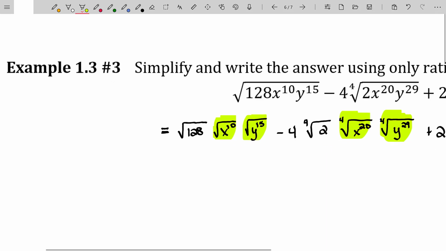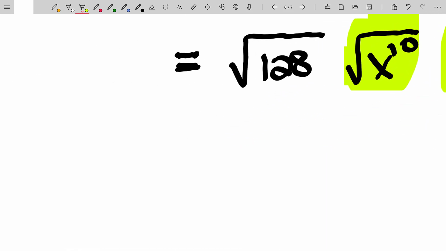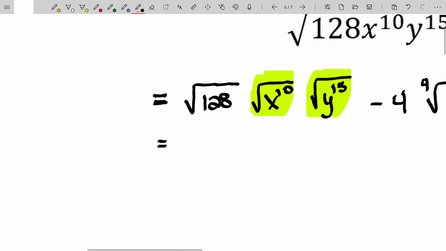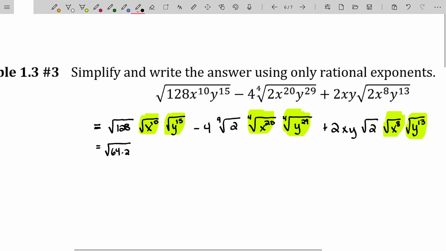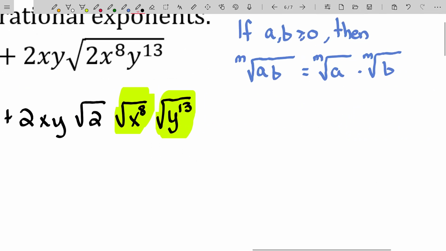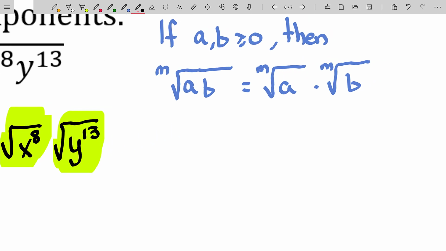For example, the square root of 128, well, that's the same thing as the square root of 64 times 2. I'll write that in there, root 64 times 2. Otherwise, again, I'm going to use the property or the definition that the nth root of a to the n, let me write that in.